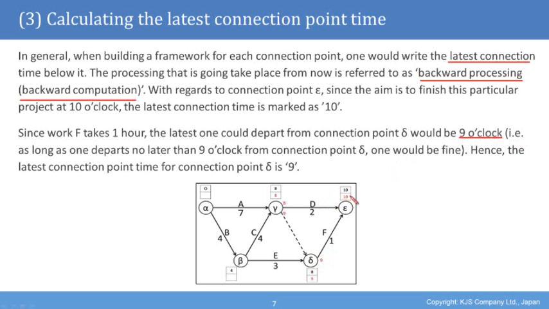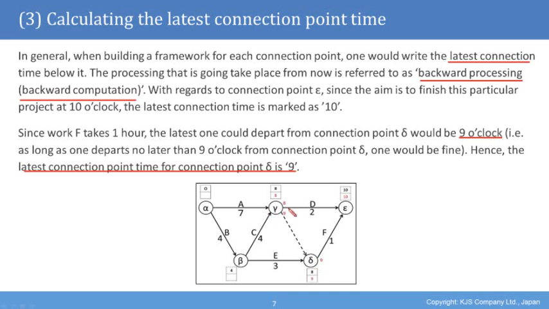We know the latest time that you can finish this project is 10, which means that if you go backwards, the latest time you can depart from connection point delta and still arrive there at 10 o'clock is 9 o'clock, because you subtract 1 from 10. Hence the latest connection point time from connection point delta is 9, even though the earliest is 8.